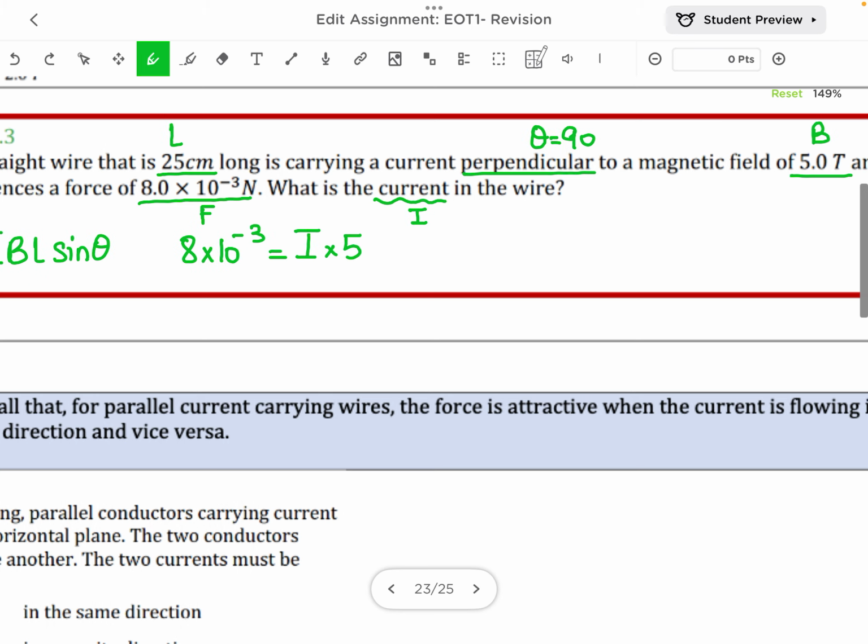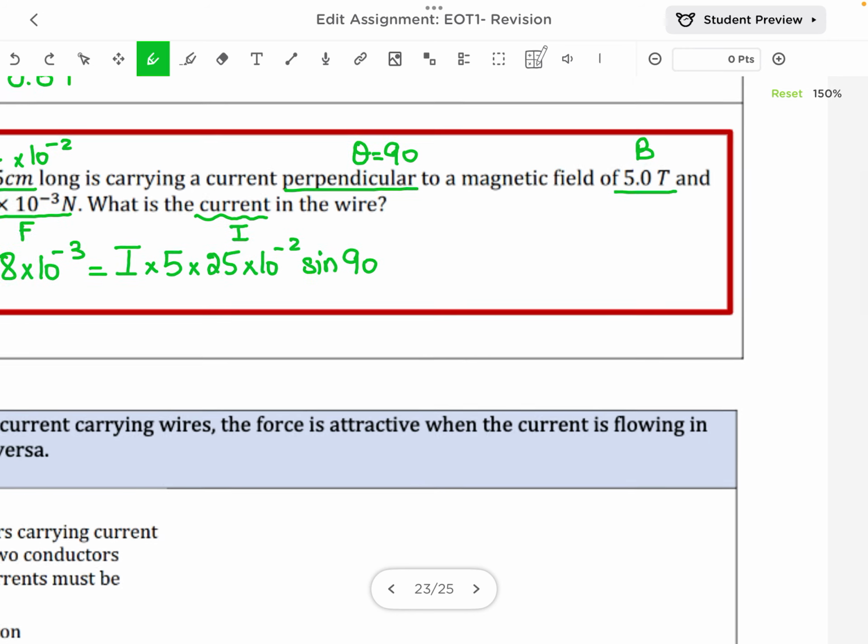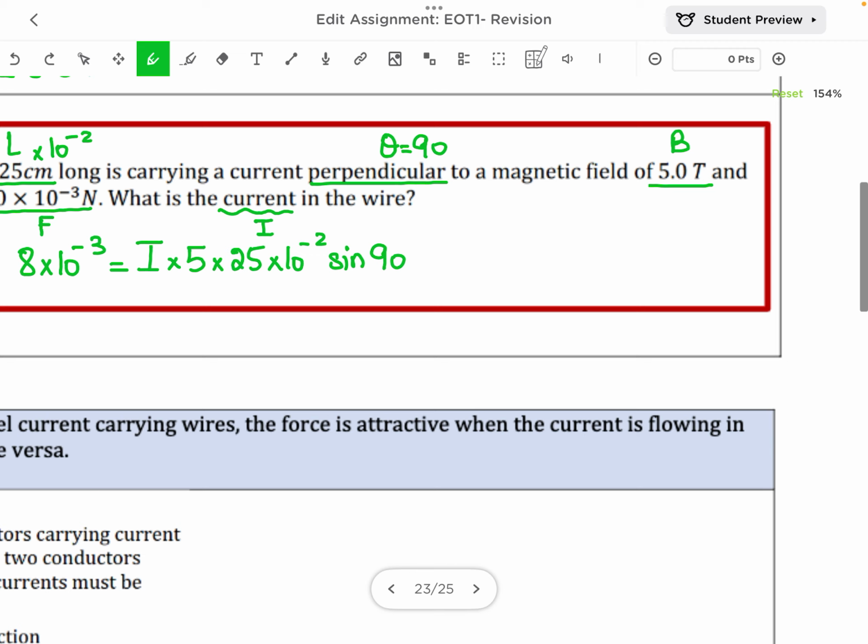I don't put the unit inside. The length is 25 by 10 to the power of negative 2, and perpendicularly, sine of 90. Make sure that your calculators are in degree, not in radian. So I equals 6.4 10 to the power of negative 3 amps.